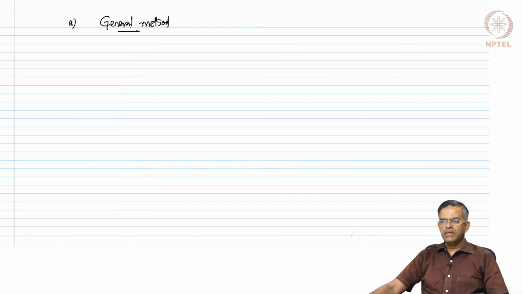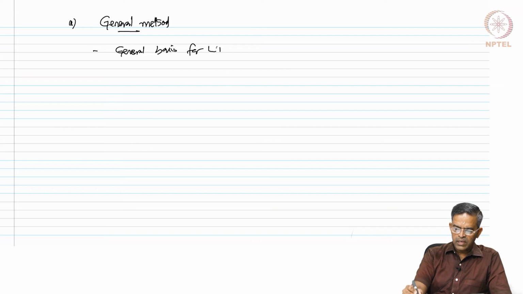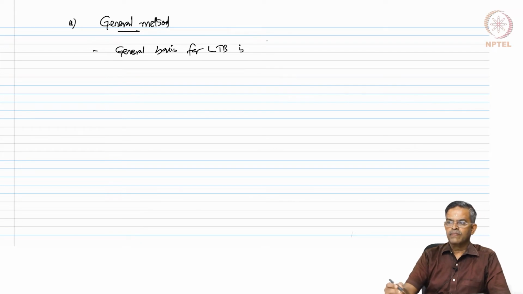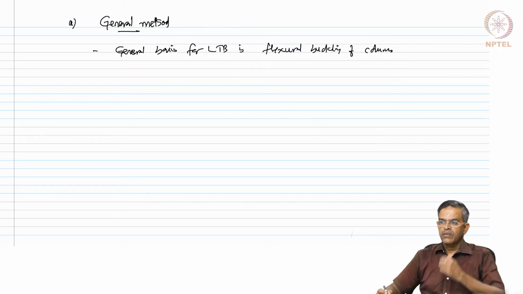The general method recommended for lateral torsional buckling of beams is based on the flexural buckling of columns. So, the general basis for LTB is flexural buckling of columns. The parameters are derived for the behavior of members subject to bending.